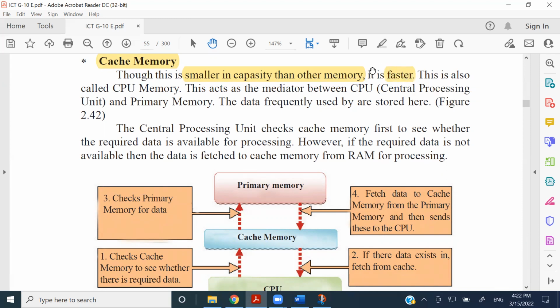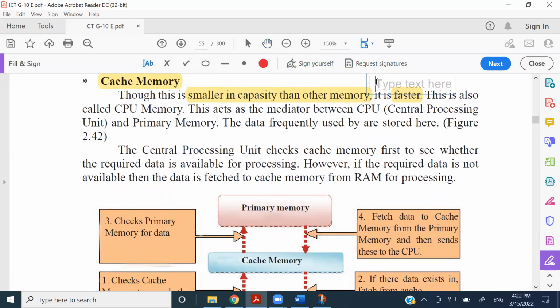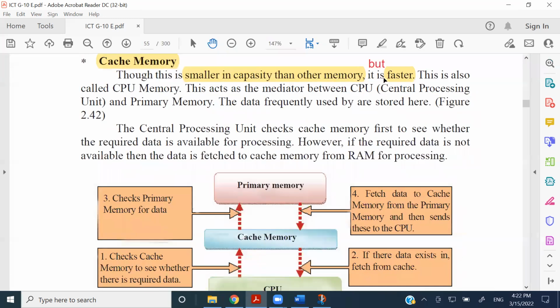Before the word faster, there should be a but, right? Right, but faster.